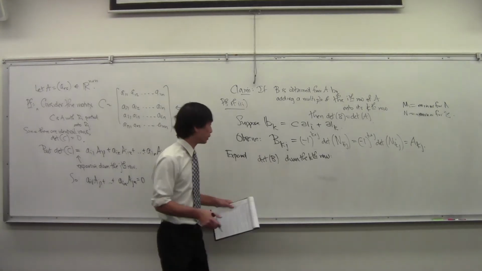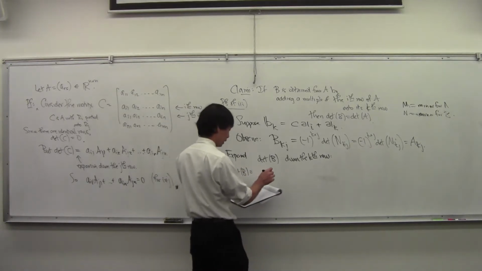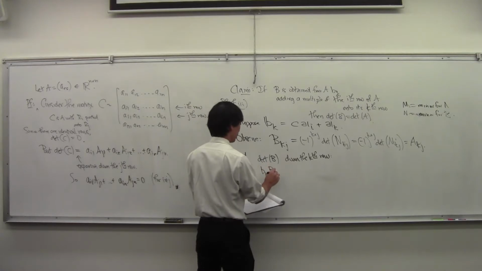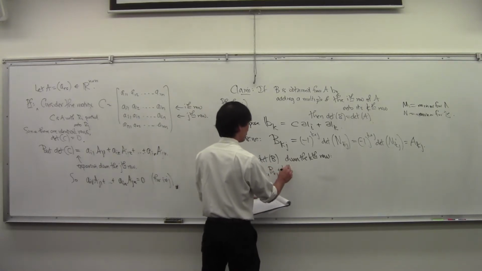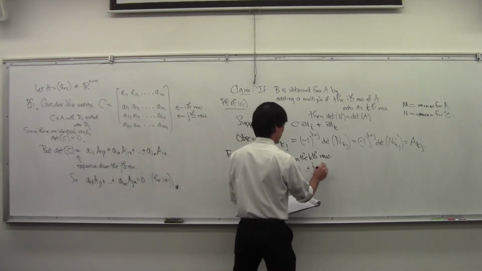What do you get? The determinant of B is going to be BK1 times capital BK1, plus BK2 times capital BK2, plus BKN times capital BKN.